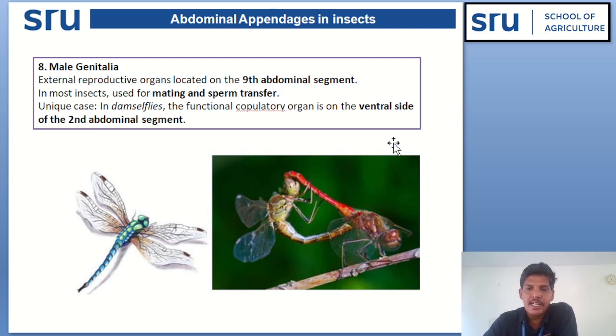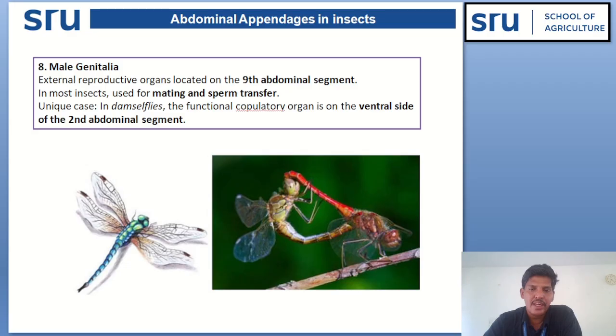Male genitalia, the external reproductive organ located on the 9th abdominal segment in male insects. In most insects used for mating and sperm transfer, but one unique case is there.